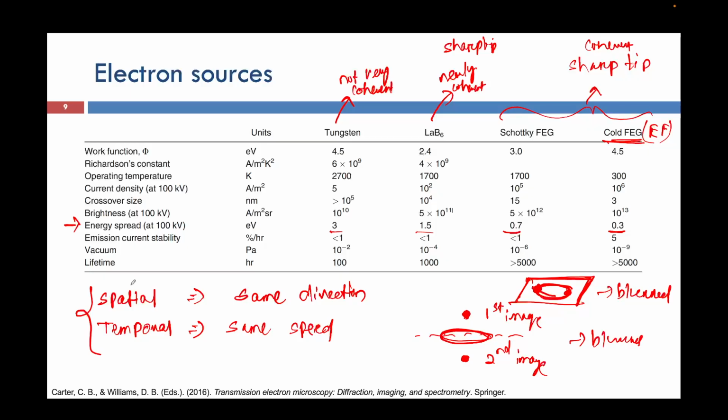Here we can see the work function, and another feature is also brightness. Brightness is also one of the important features for us to select the electron gun. Okay, and also this lifetime. In the FEG the lifetime is more than 5,000 hours, which also increases the service time.